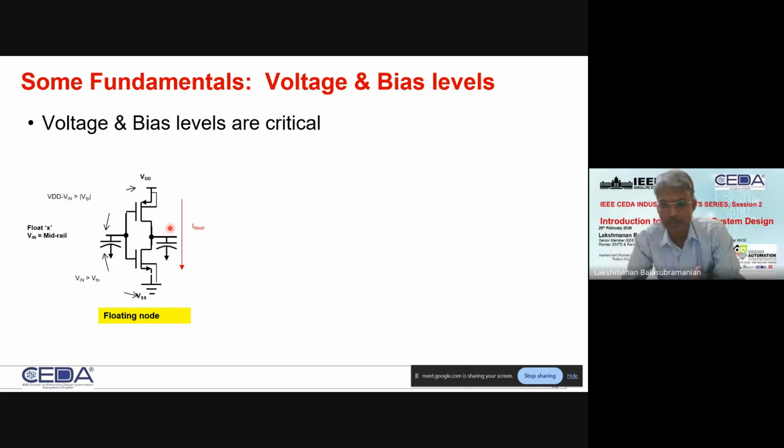Now that predominantly the digital system design world runs on CMOS technology, I will just limit myself to CMOS technology. This is a PMOS, this is an NMOS, this is a CMOS inverter, and there is an input and output shown here.